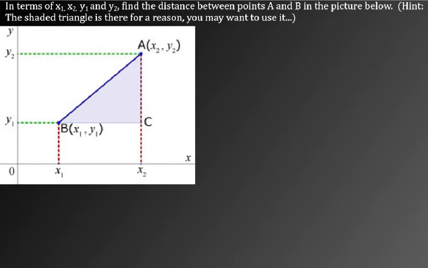If you haven't seen this before, it comes out of a triangle problem, which is why I say this shaded triangle is there for a reason. You may want to use it. Hopefully you know where this is going, because you should know the distance formula by now, but I'll show you where this comes from.